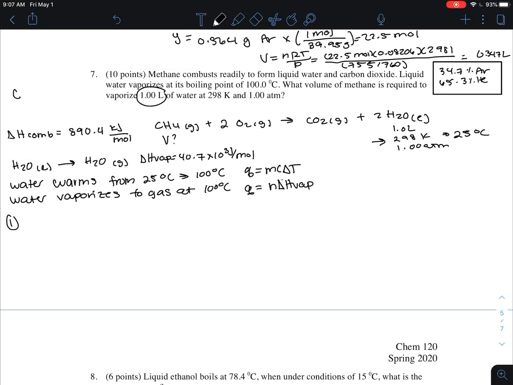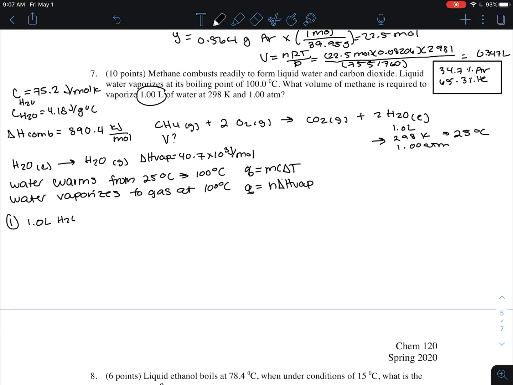For mc delta T, I either need the mass or I need the moles because I can also get the heat capacity in moles. So on the key, the heat capacity for water in moles is 75.2 joules per mole Kelvin. That's the same thing as saying the heat capacity is 4.18 joules per gram degrees Celsius. It's just per mole Kelvin instead of gram degrees Celsius.